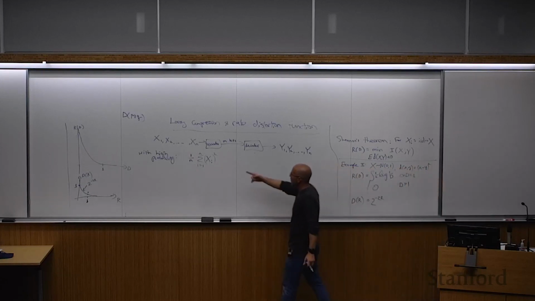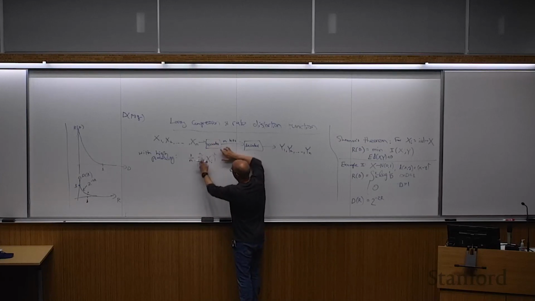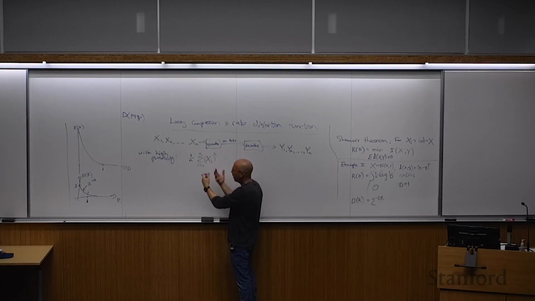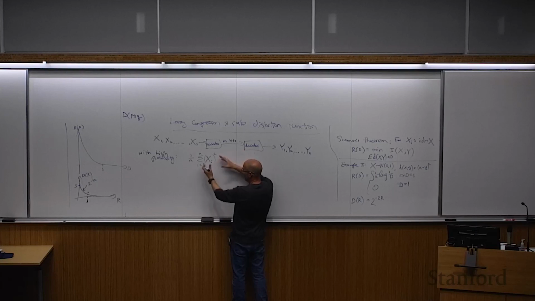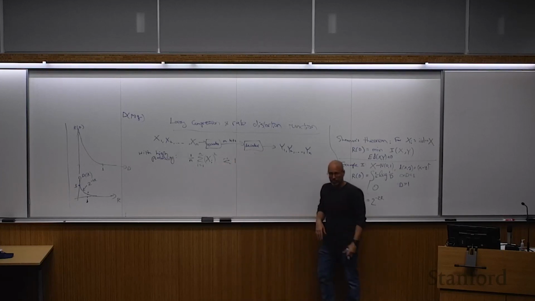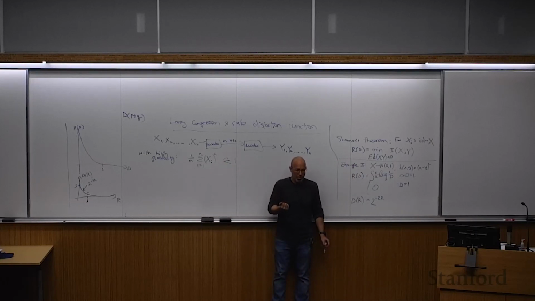So here I'm looking at an average of these guys, which are IID with expectation 1. So again, the law of large numbers tells me that with high probability this average is going to be close to the expected value of each of these, which is 1. Certainly no more than that. So this is, again, just a law of large numbers type argument.